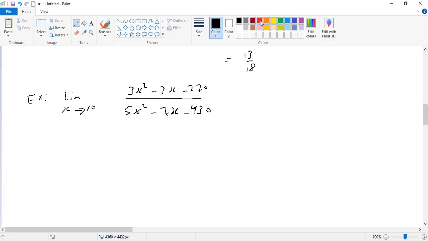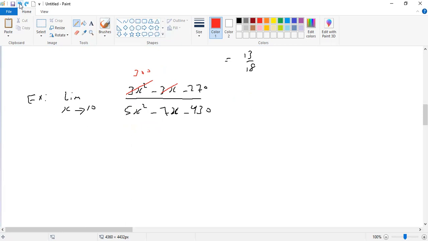Okay, now if we put 10 here, this will be 300, and minus 30 is 270, minus 270, so you have 0. In the denominator, if I put 10, this will be 500 minus 70 is 430, minus 430 equals 0. So also we have 0 over 0.